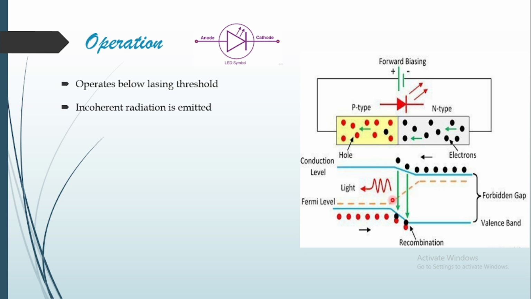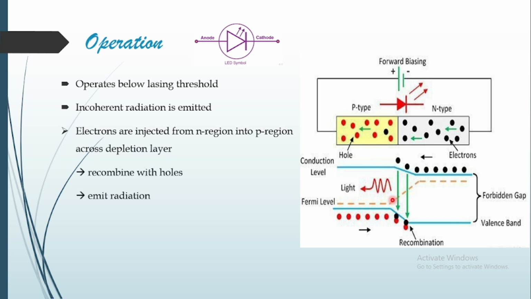If we observe here, the electrons are injected from the N region across the depletion layer into the P region, where they recombine with the majority carriers, that is holes, thereby emitting radiation from the diode.